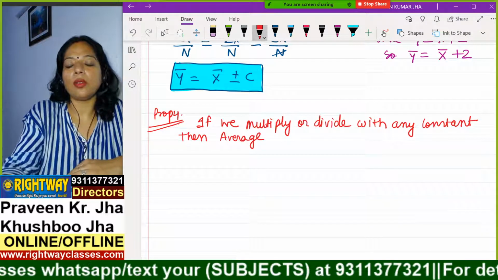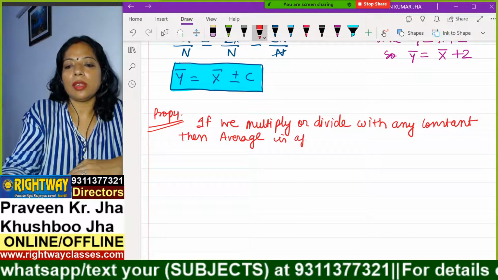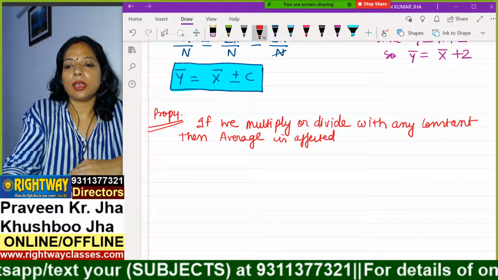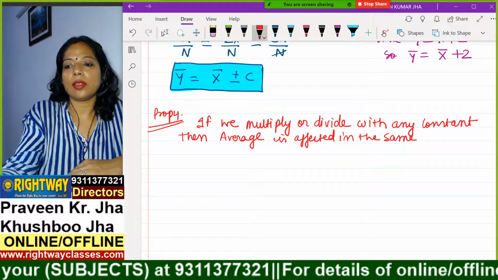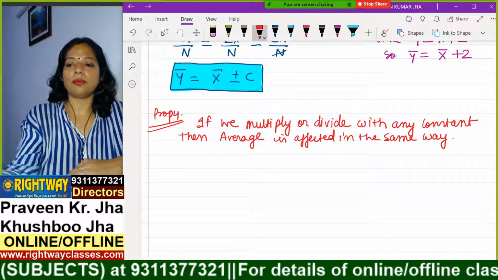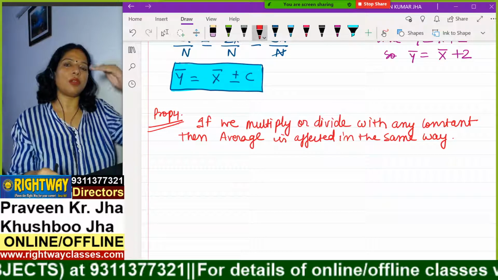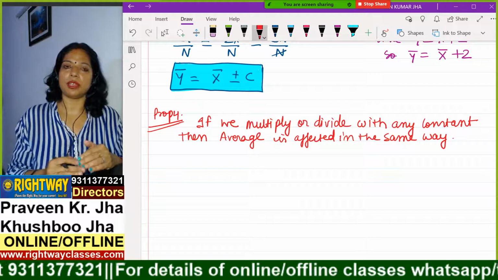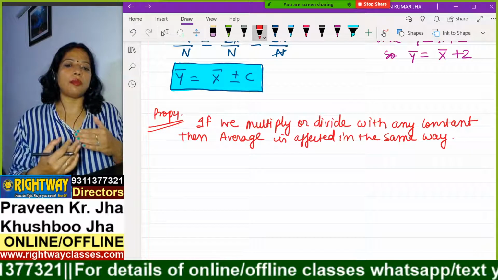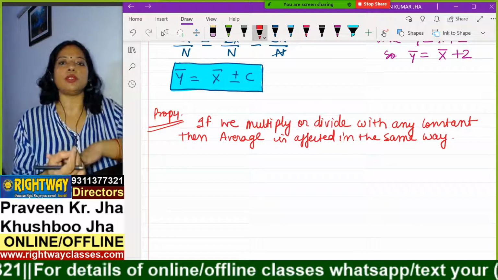We can write it out. Average is affected in the same way. Suppose we are multiplying each and every observation by 2, if we are just doubling each and every observation, the new average will be double the old average also.